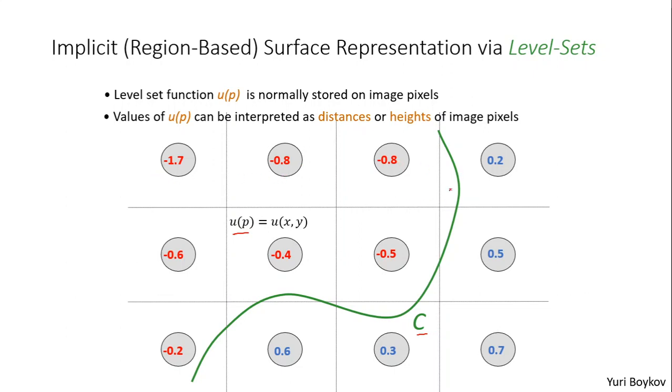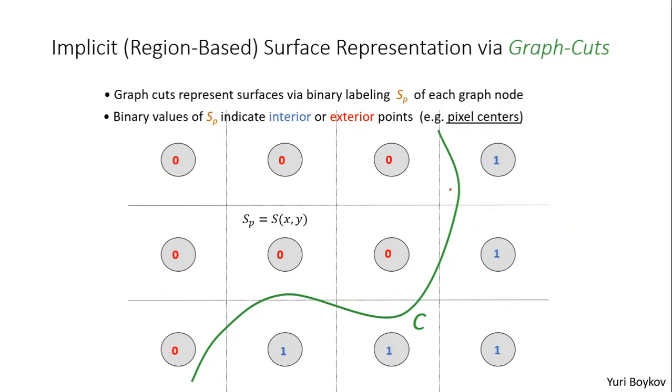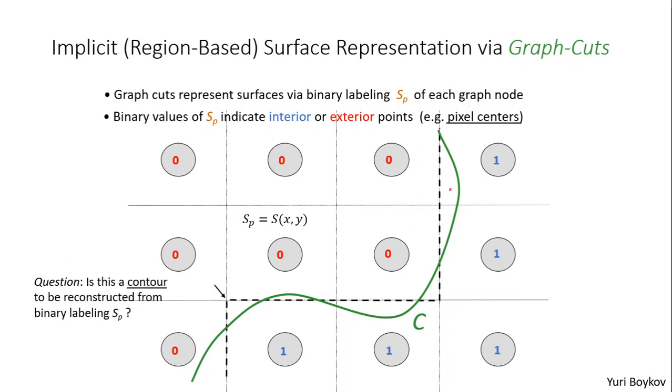So the exact boundary can be found with subpixel accuracy. A contour may be approximated from u(x,y) with subpixel accuracy. But in graph cuts it's either 0 or 1 labeling. So is this a contour to be reconstructed from binary labels S_P?